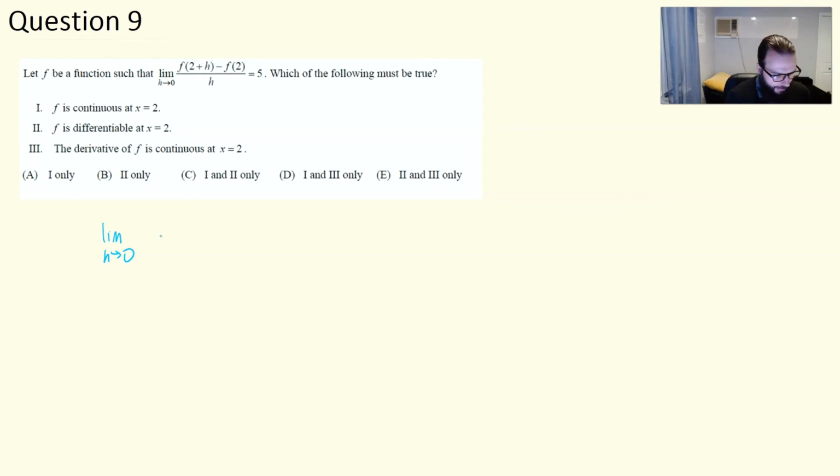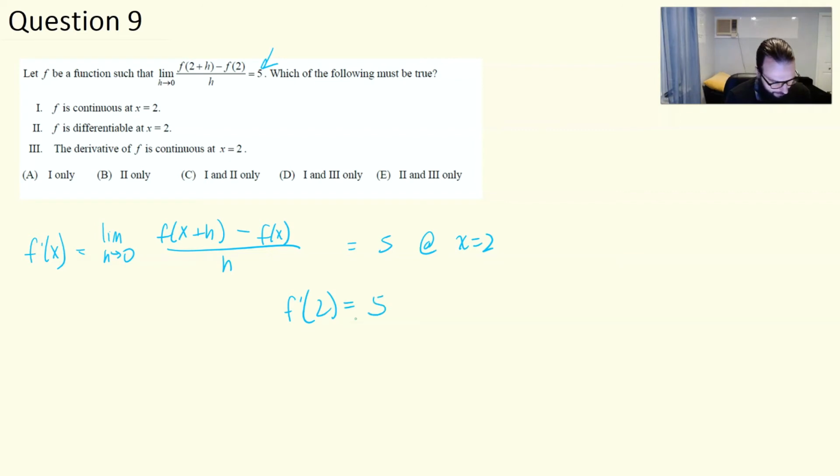And you should recognize this as f of x plus h minus f of x all over h, which is the definition of the derivative. So since we know that this is equal to 5 when x is equal to 2, we know that the derivative is 5. So that means that the function is differentiable.